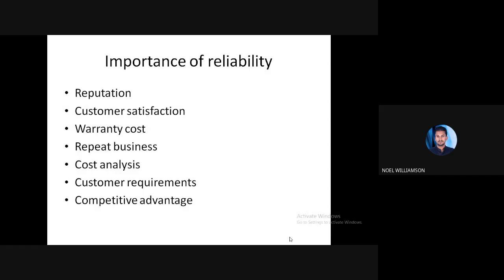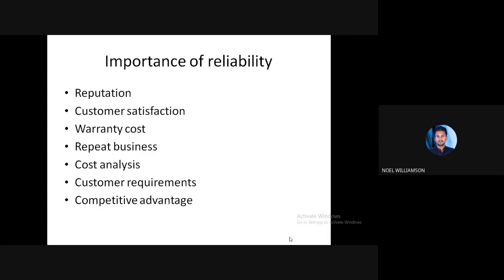For any company, the company has a good reputation if and only if its products are better, or more reliable. Suppose a product is not reliable, that means it is not functioning for a given time, then the customer will tend to lose interest in the company, and ultimately the reputation of the company will go down.